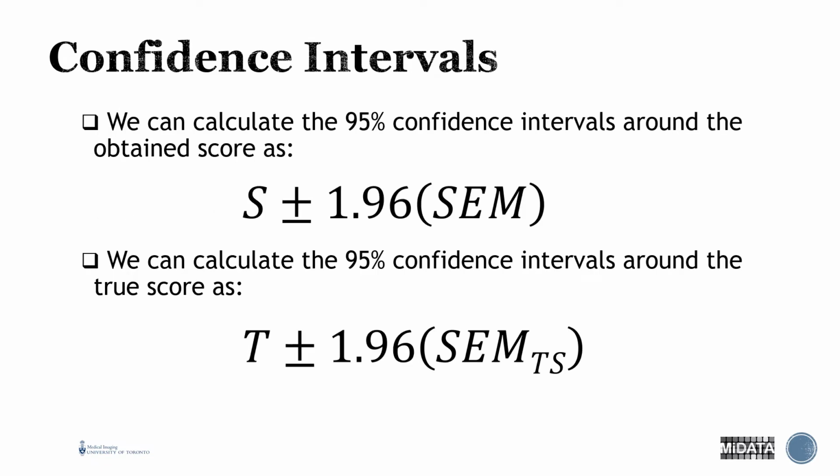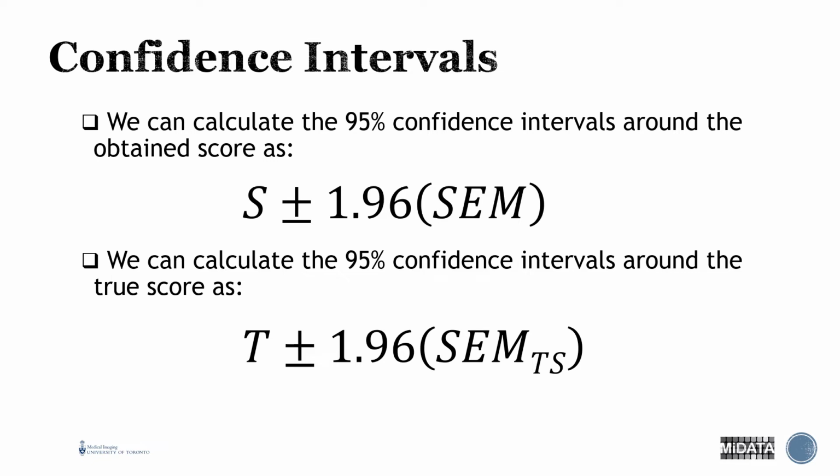So now, in order to obtain your confidence intervals, and there are two of them in this case, the first being the 95% confidence interval around your measured score, and this would be multiplying your cut point, in this case 1.96, multiplied by the standard error of measure.